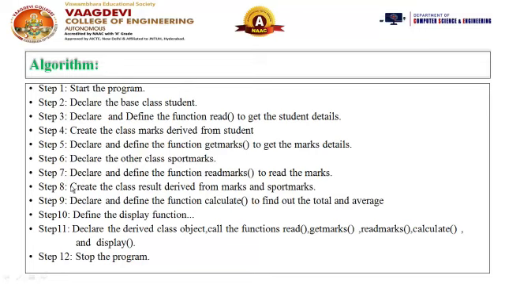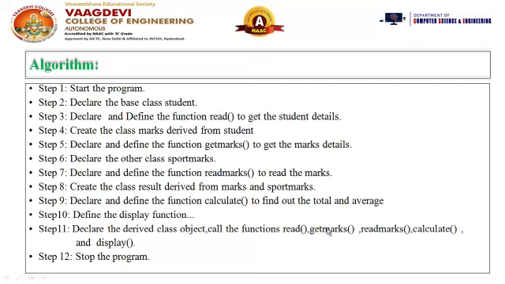In the next step, define the display member function to display the data. In the next step, we create an object for the result class and use this object to call the member functions read, get marks, read marks, calculate and display.